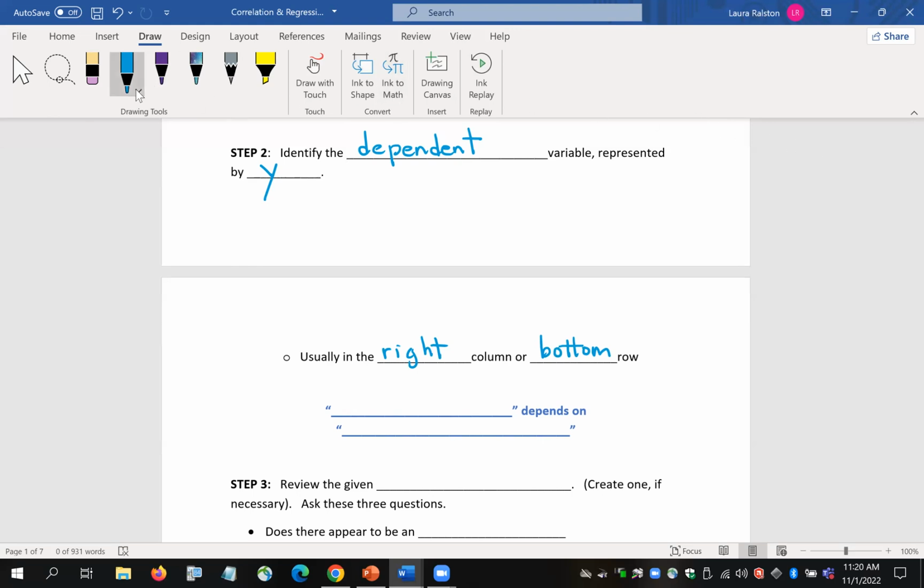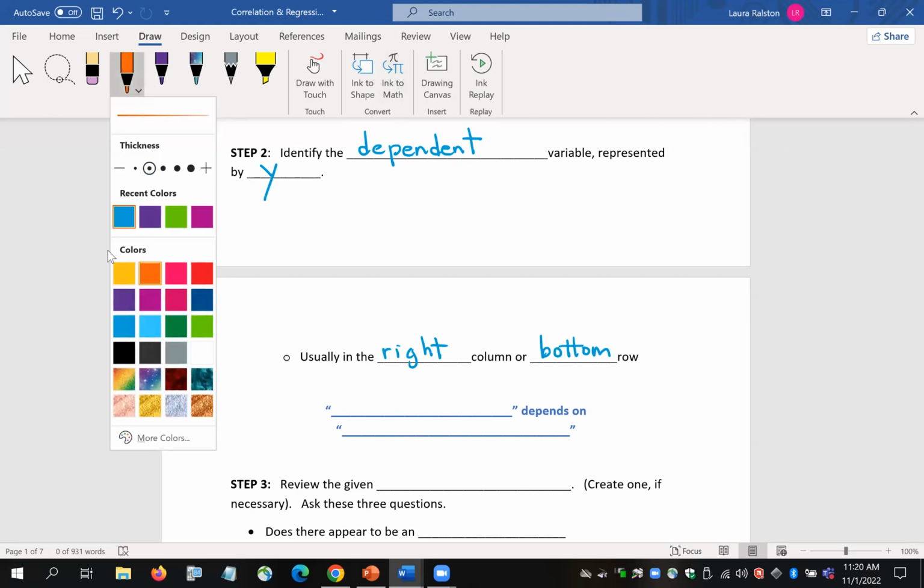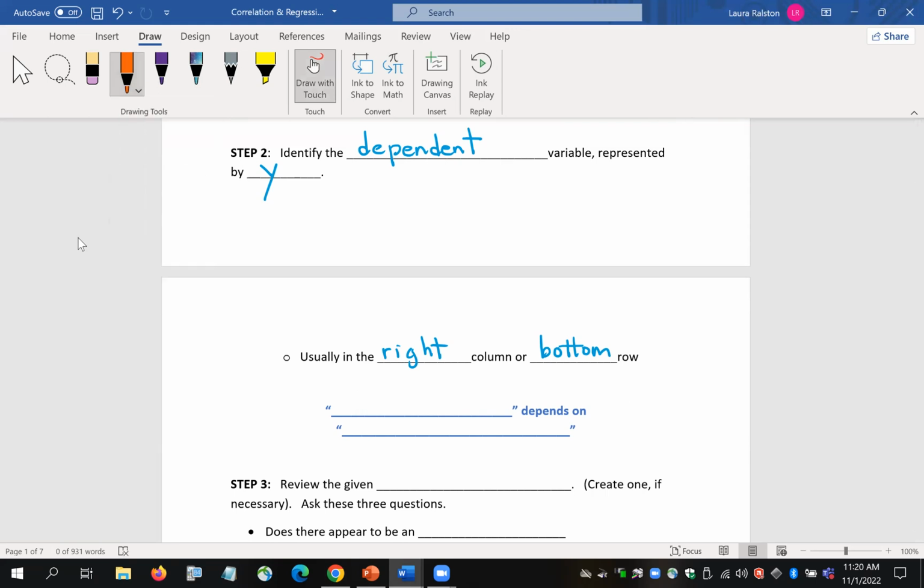If you are struggling to identify the independent and dependent, I have a little saying that you can use. If we want to think about, do sales depend on the advertising, or does the grade on the test depend on the amount of time that a student studies?